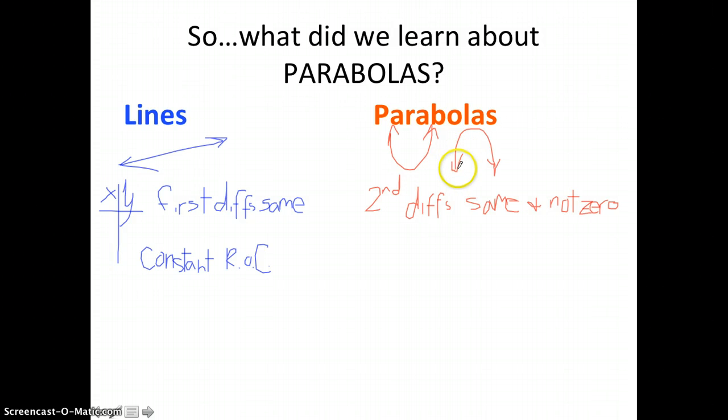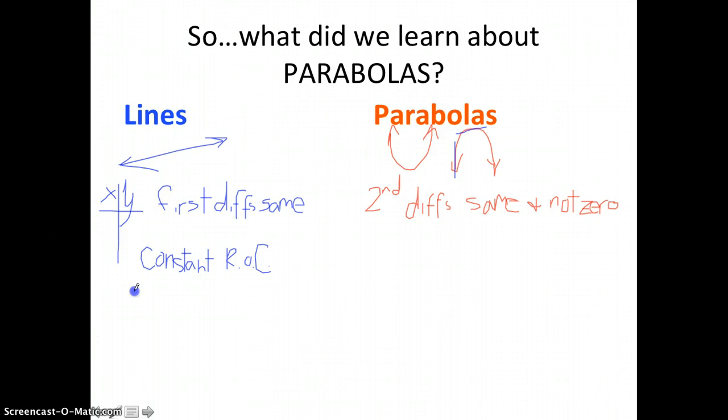Secondly, you can see that the parabola is steeper around the edges than it is at the top. If I were to draw a line showing the slope, here it's really, really steep, whereas up here it's really, really flat. So we have changing slopes, so we don't have a constant rate of change with a parabola. You might have talked about direction.